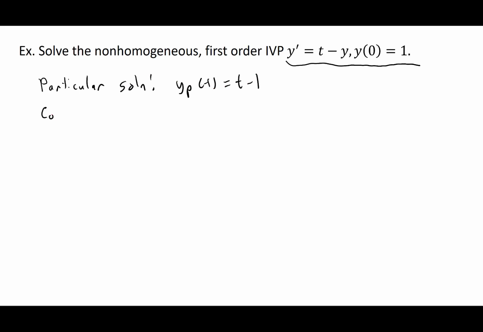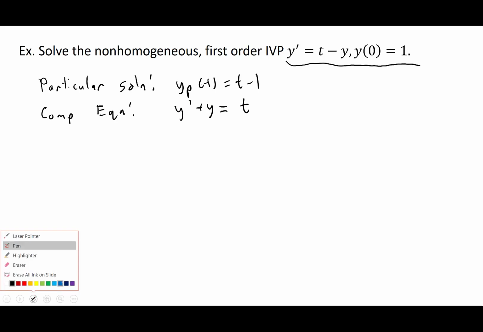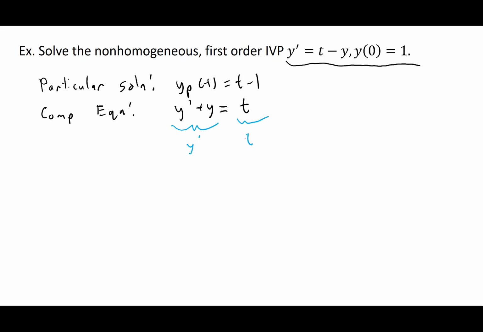Similarly, the complementary equation, the one we get by getting rid of the forcing, well, I think the easiest way to see that is to rewrite our original equation with all y terms on one side and everything that only involves t on the other.